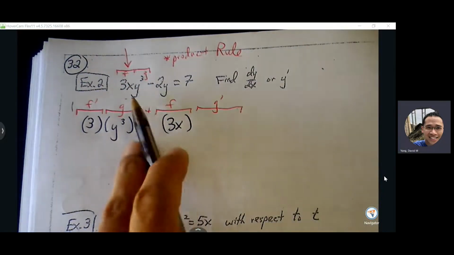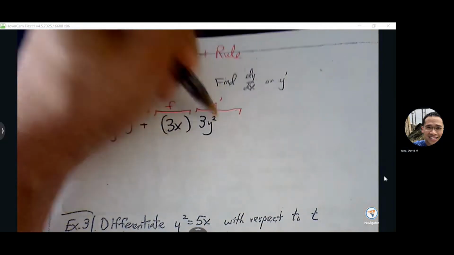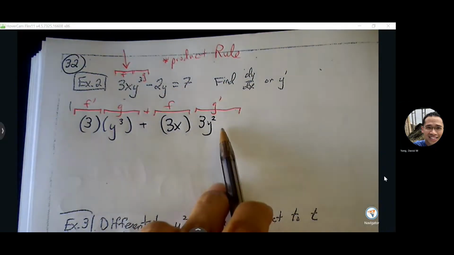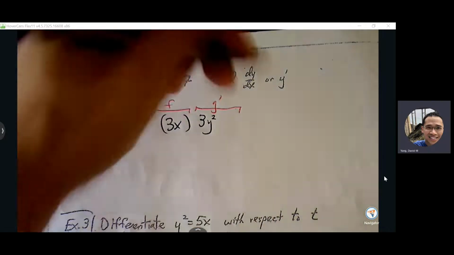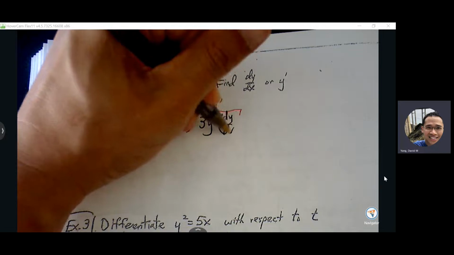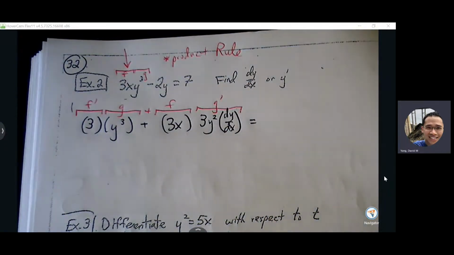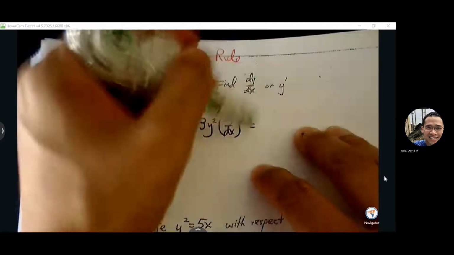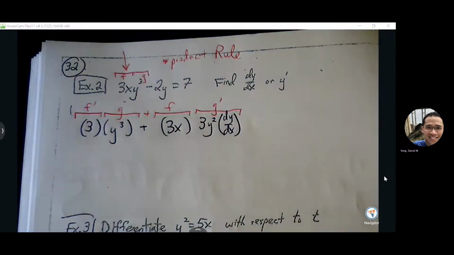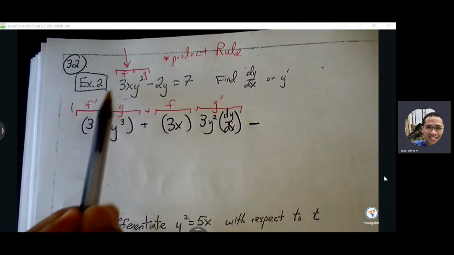All right, what's g prime? 3y squared. Is that it? Times dy dx, right? So every time we involve y's derivative, we need to include that dependent variable derivative. Oh, sorry, not equals, minus. So all that is to take care of that 3xy cubed.